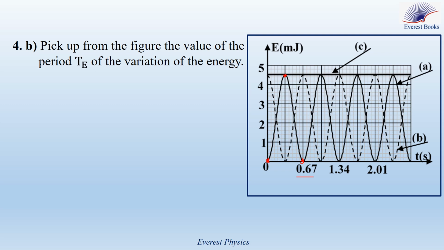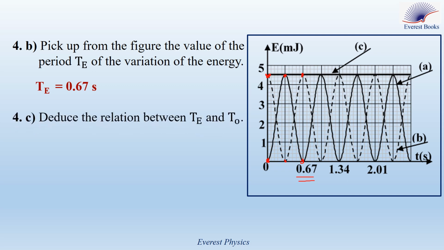Similarly, for curve B, at time 0, its energy is maximum, and then it decreases to 0, and then it becomes again maximum at time of 0.67 seconds. Therefore, the period of the energy is equal to 0.67 seconds. Part 4c, deduce the relation between TE, which is the period of the energy, and T0, which is the oscillation period.